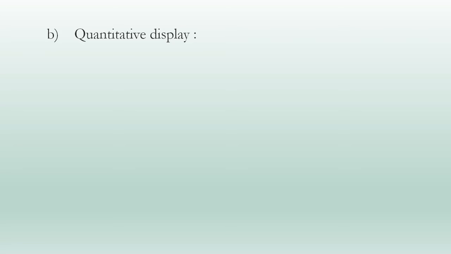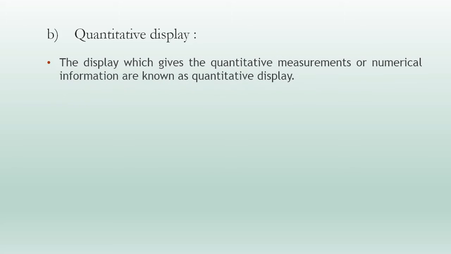The other category is quantitative display. This display shows the quantity of the parameter we have to calculate. So it is defined as the display which gives quantitative measurement or numerical information.